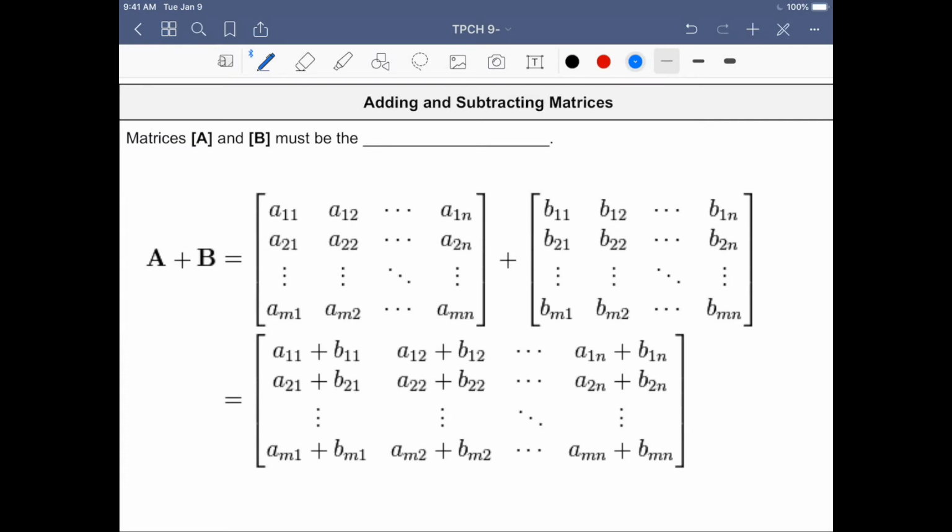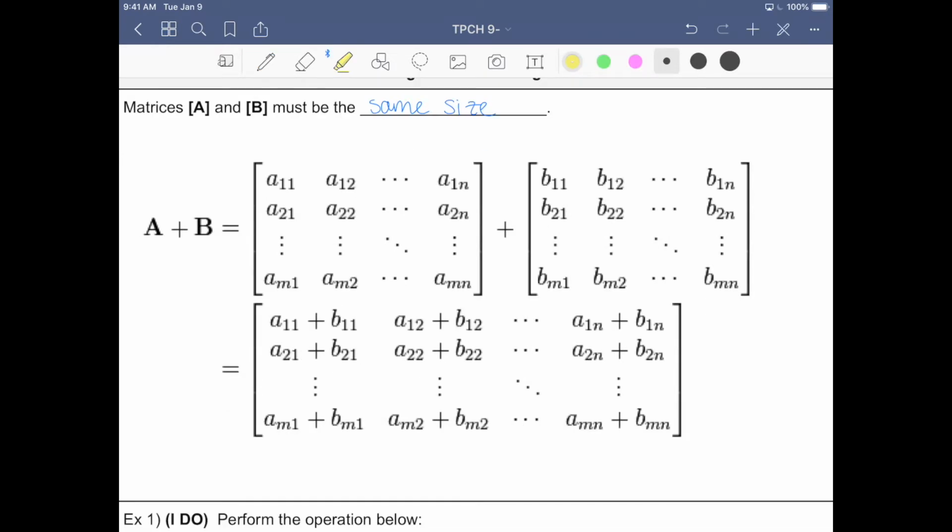In order to add and subtract matrices, both matrices must be the same size. So to add or subtract is pretty straightforward. If I highlight these things here, notice how a sub 1,1 and b sub 1,1 are in the same positions of their respective matrices.